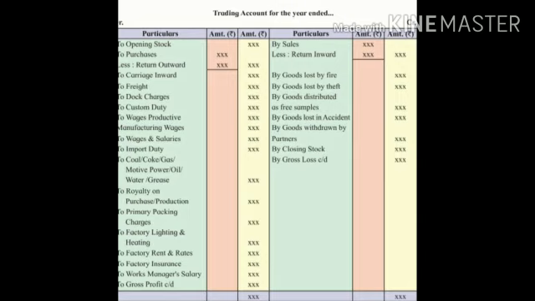A manager who is actively participating in production activity, we have to pay the salary for him, so that salary is also recorded on the debit side of the trading account. On the credit side, first we write sales, then less returns, then goods lost by fire, goods lost by theft, goods distributed as free samples, goods lost in accident, goods withdrawn by the partner, and at last closing stock.